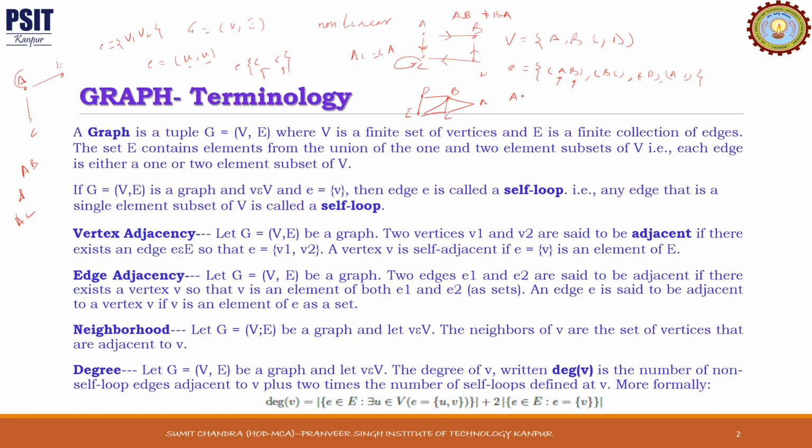Suppose I am taking A. Its adjacency list will contain the set of vertices which are adjacent to it, meaning where there is an edge containing A. There is an edge from A to B, so B is adjacent, and C is adjacent. Only two vertices are adjacent. Similarly, if we take vertex B, then the adjacent vertices are A, then B to D is also an edge, B to E is also an edge, B to C is also an edge. So this is called the neighborhood or adjacency list.